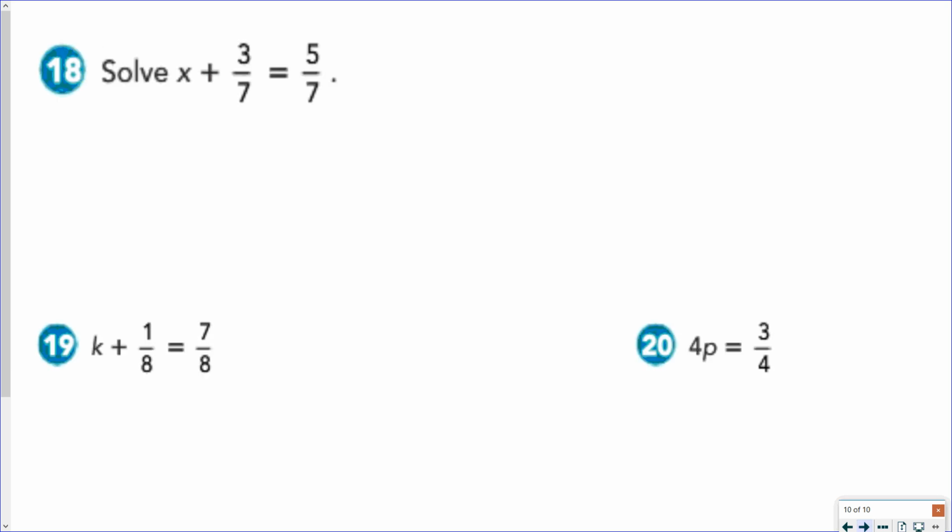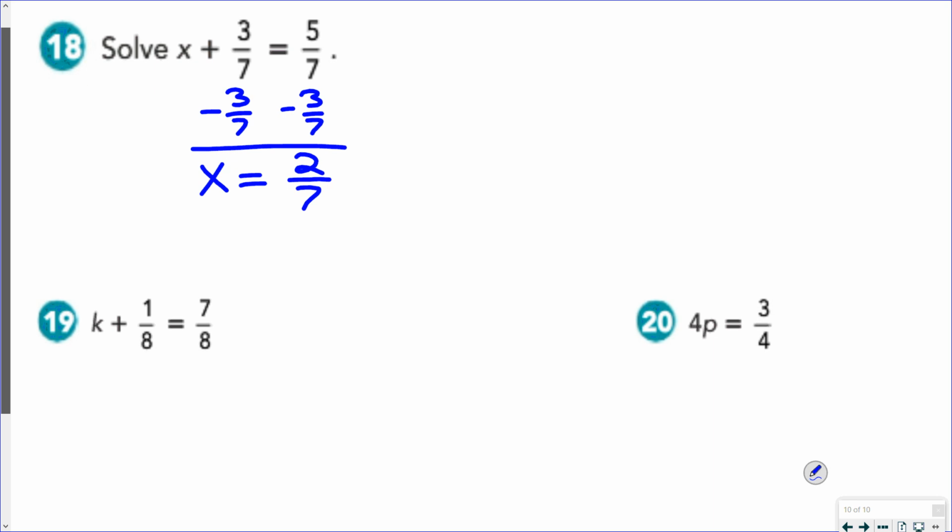And then our final examples today, x plus 3/7 equals 5/7. So we're going to subtract 3/7 from both sides. So x equals 2/7. For number 19, we're going to subtract 1/8 from both sides. So k equals 6/8, which simplifies down to 3/4.